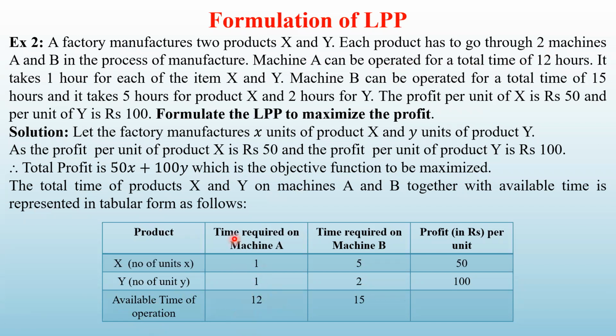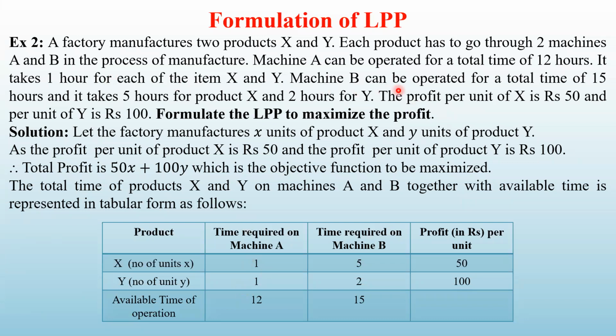This time will be in hours and profit will be in rupees. So time required on machine A, available time of machine A is 12 hours. And it takes 1 hour for each item of X and Y. So X का एक item को 1 hour लगता है machine A पर, और Y का भी 1 item को 1 hour लगता है. तो 1.